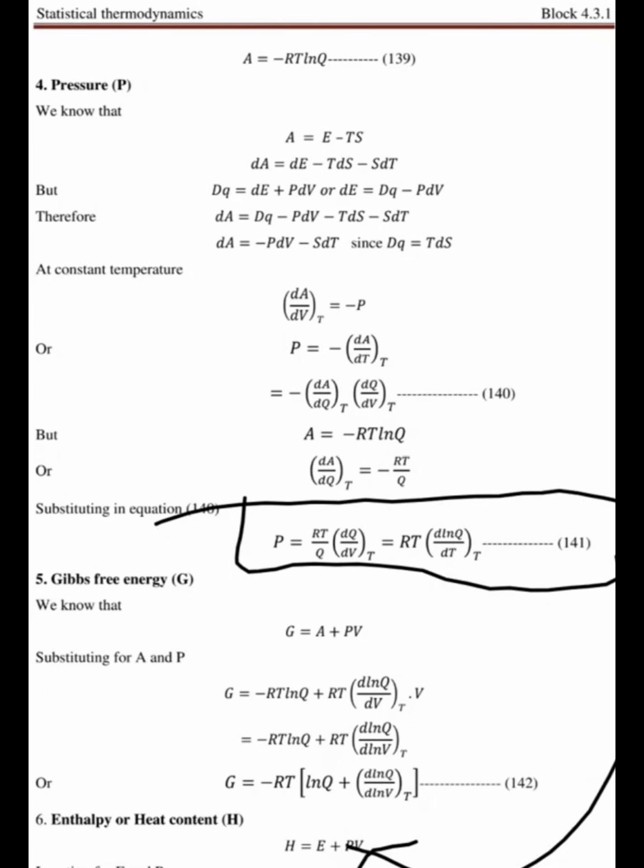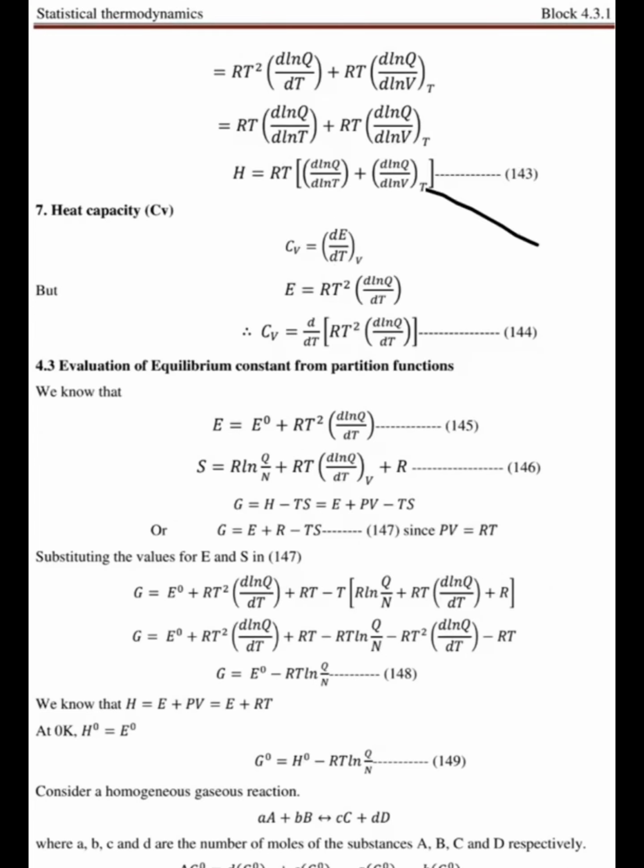Further, calculating CV, CV is equal to dE by dT at constant volume, where CV is nothing but the heat capacity, and E is equal to RT square d ln of Q by dT. So dCV you are going to substitute in the equation, and you will get the value of 144.